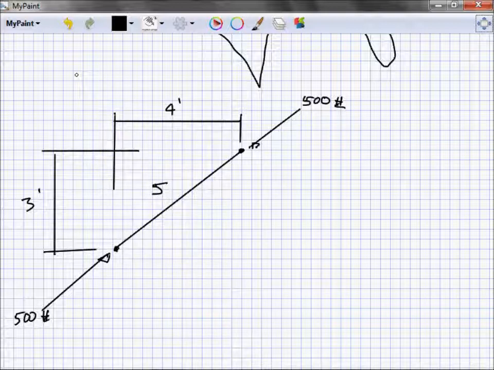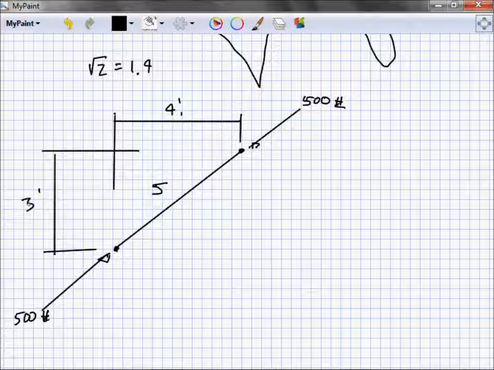Another thing you can do when you get 45s like that: if it was 1 and 1, it'd be the square root of 2, which is equal to 1.4 something. So you can take whatever length it is. Let's say it's 4 feet and 4 feet. 4 feet times square root of 2 is going to be equal to this length, if it's a 45 degree.